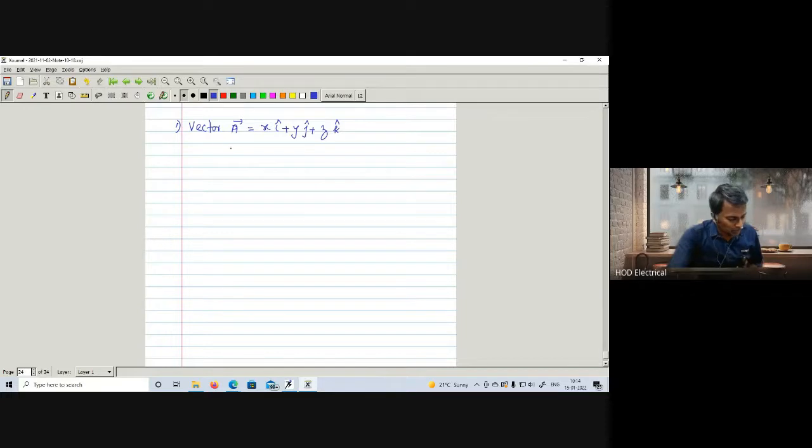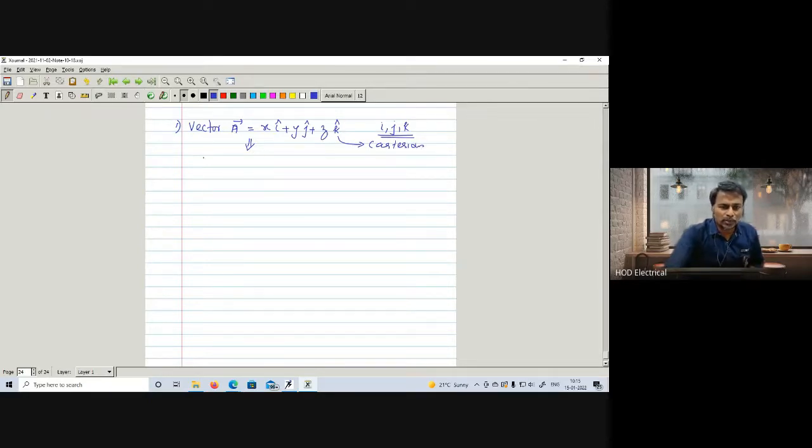Now we are going to convert this to the cylindrical coordinate system. This is in Cartesian: the unit vectors are i, j, k, and the components are x, y, z. Therefore, we can say this is the Cartesian coordinate system or rectangular coordinate system.